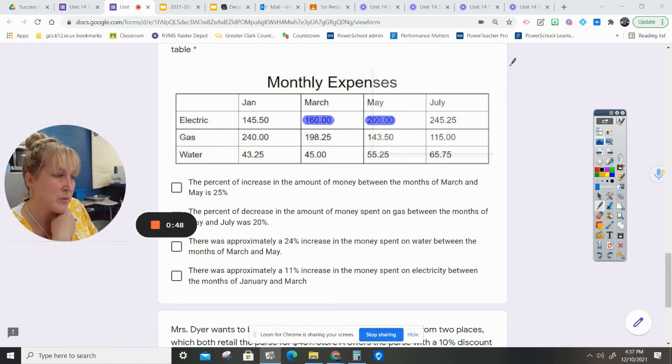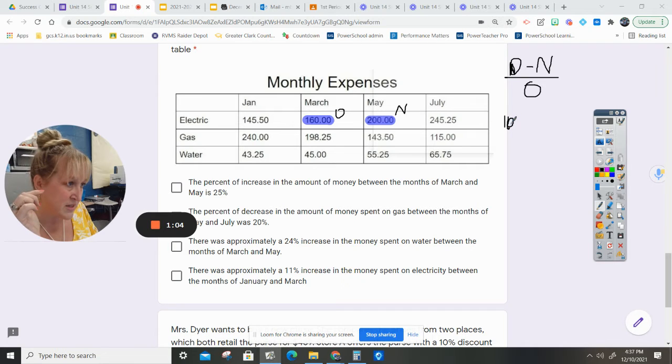Now, our formula was original minus new over original, or we just need to know where the original is. So I'm going to take my original minus my new, so 160 minus 200, and divide it by my original.